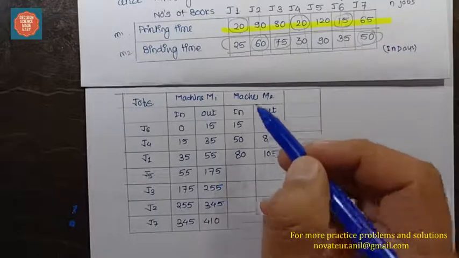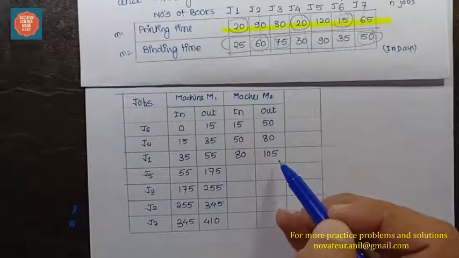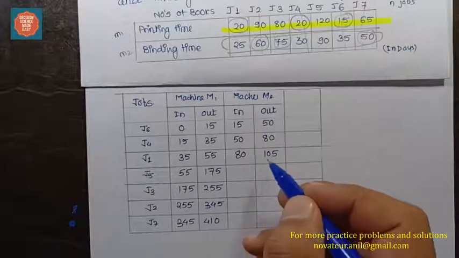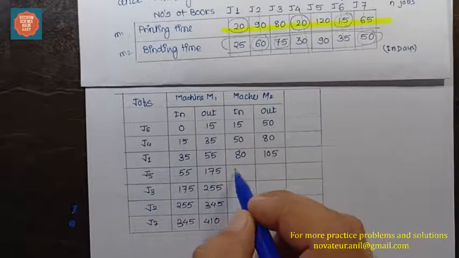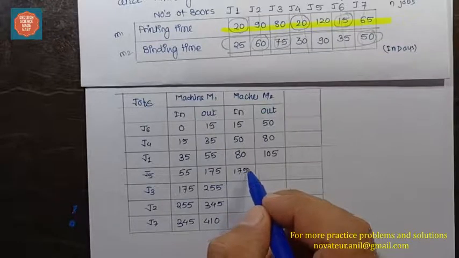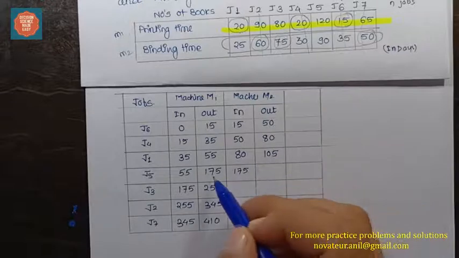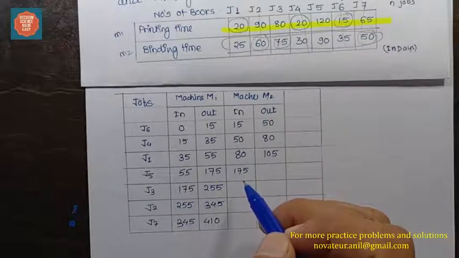So till that time machine M2 will remain idle. So the next job taken by M2 will start only once M1 is finished. So here it will be 175. For a layman, we need to compare these two values, and whichever is higher we need to consider that. Here 175 is higher, so I am considering 175.